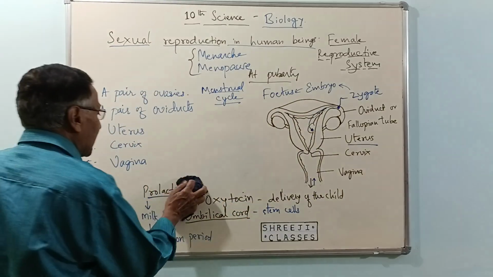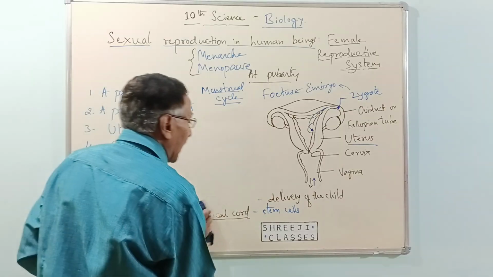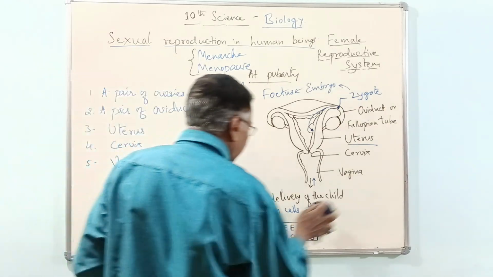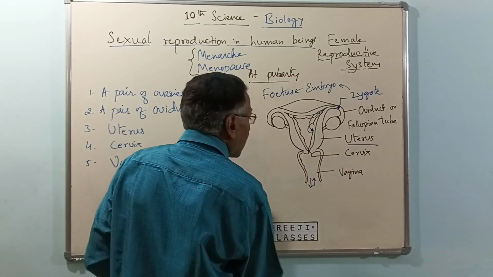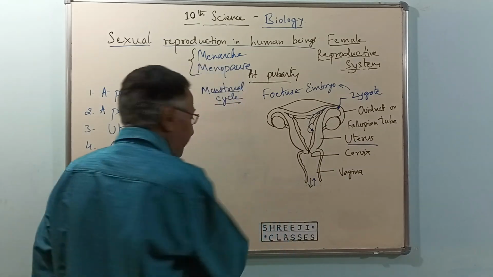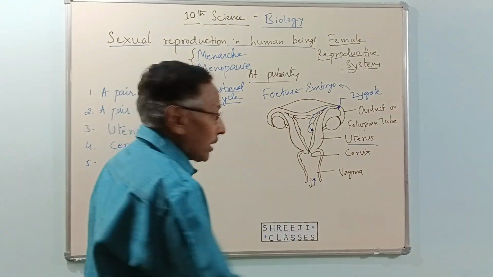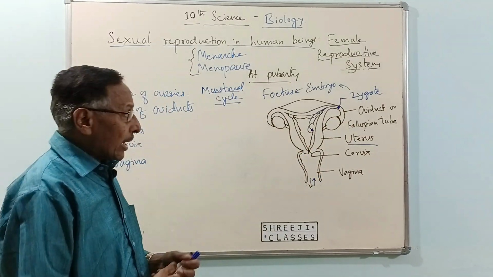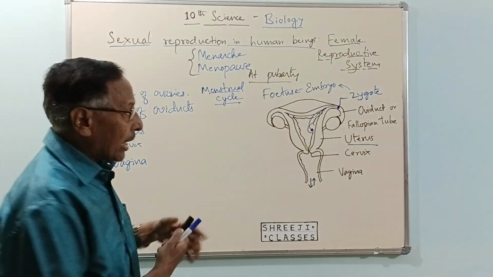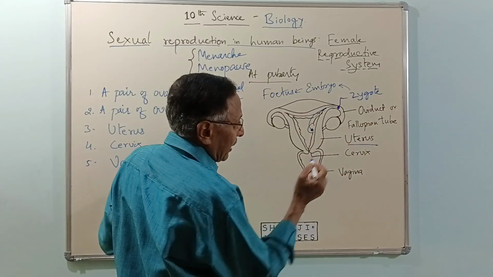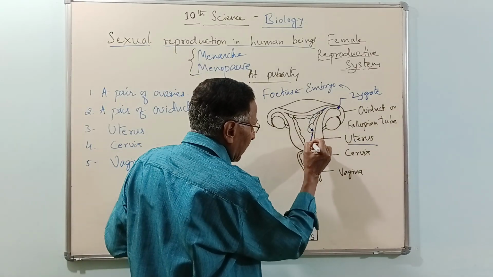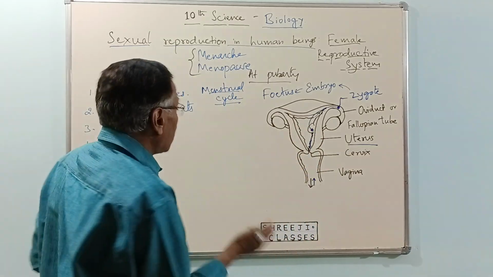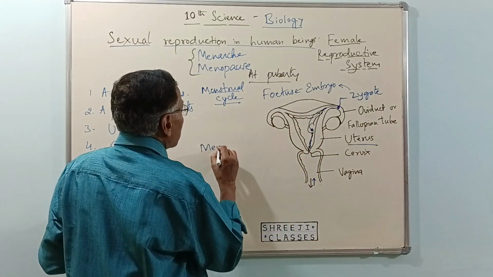Now, in case the egg is not fertilized, what happens? In that case, this unfertilized egg comes out along with the inner membrane of the uterus. And blood. This is called as menstrual flow.